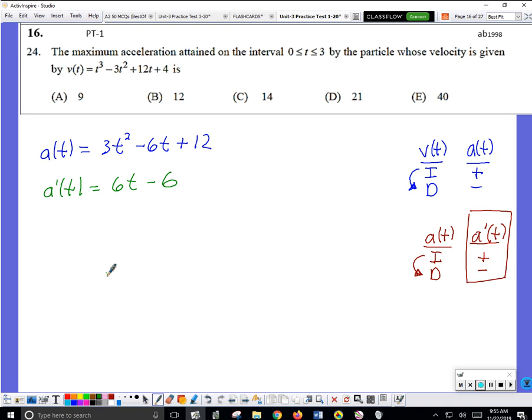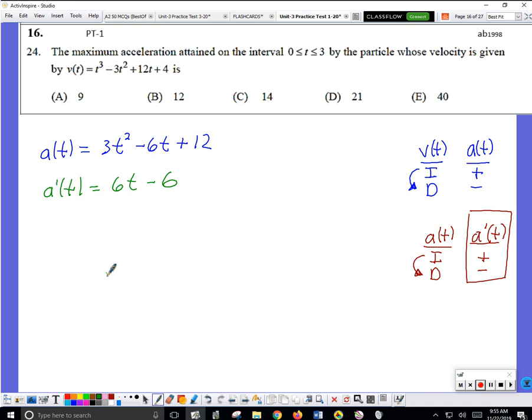So I don't want to plug 0 and 3 into A prime. That won't tell me what the values of A are. So what do I want to do here? Come on, hands. What do I want to do, Kylie? Make a sign chart. Why am I making a sign chart of A prime, Kylie? Because you want to find when A prime changes sign.